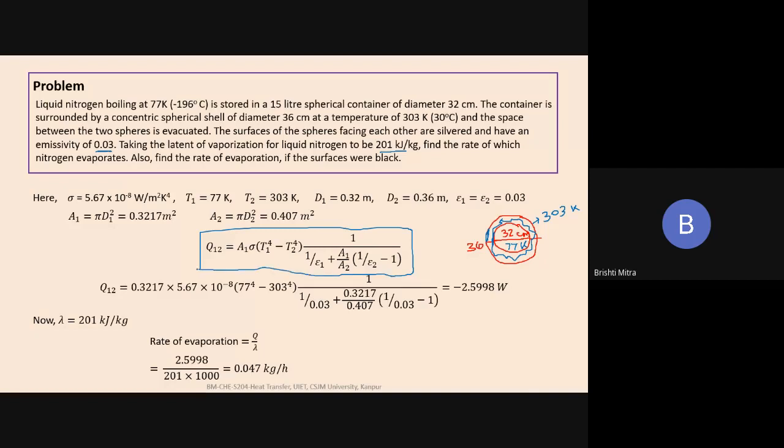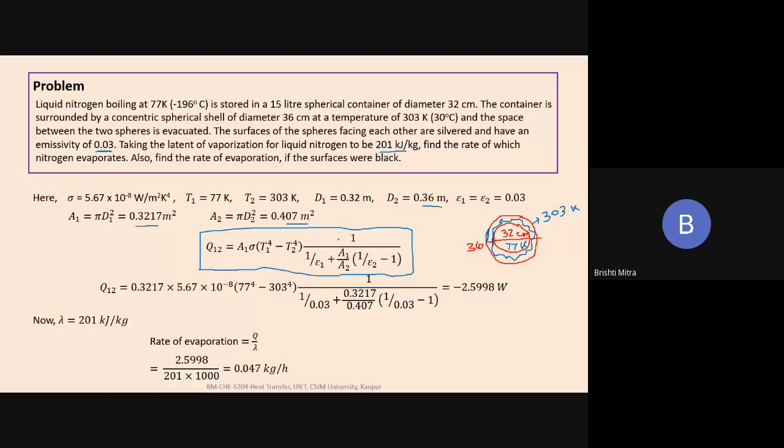So A1 is the area of the inner sphere, and we know the diameter of the inner sphere is 32 centimeter. Convert that into meter, it becomes 0.32 meters. And the area, pi d1 squared, is 0.3217 meters squared. The area of the outer sphere, which has a diameter of 0.36 meter, is 0.407 meters squared.